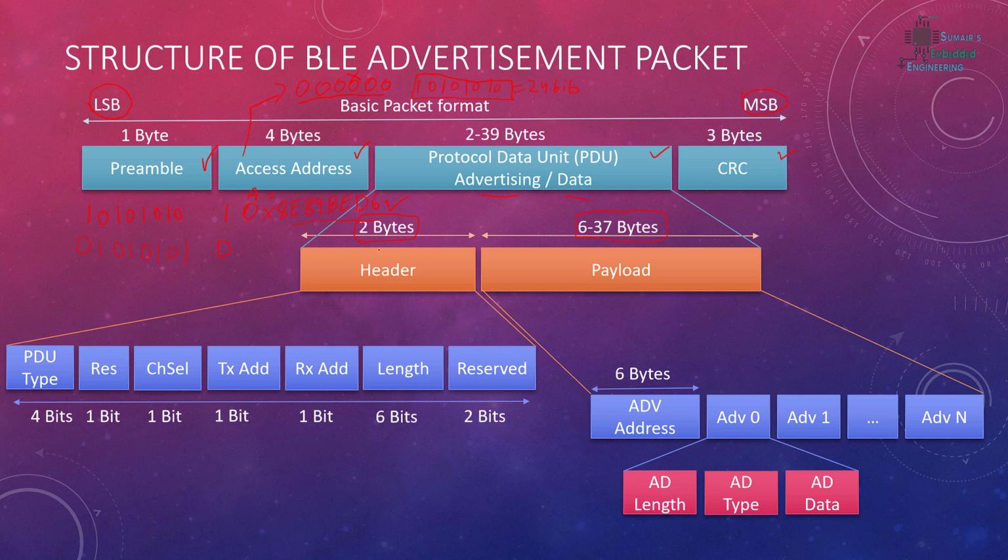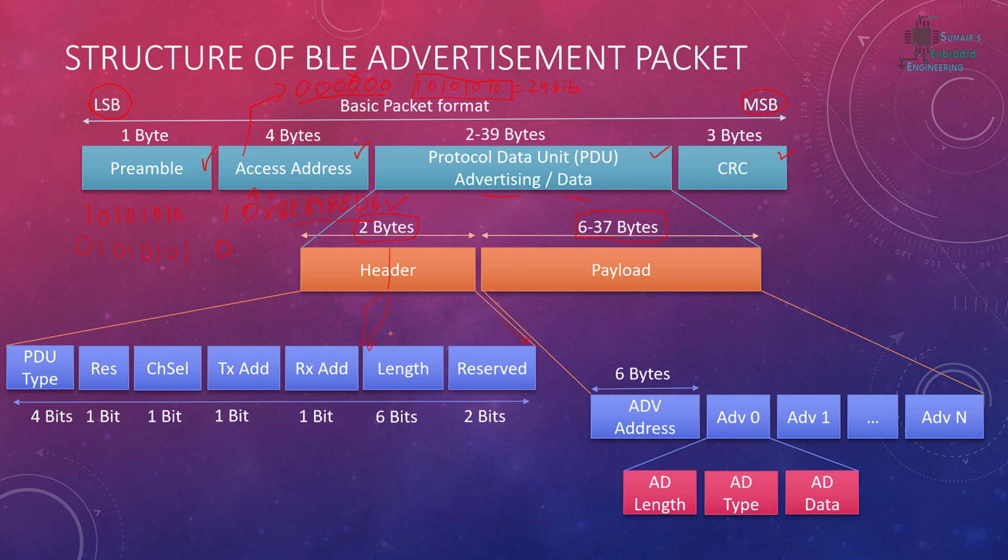The 2 bytes of the header are opened here, and let's say the first byte is up to this point, and the second byte starts from here to the end. The first byte will represent some of the stuff here, and the second byte will represent other stuff, and then we have the payload.